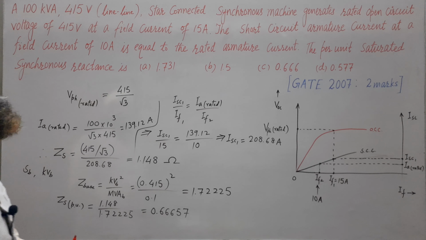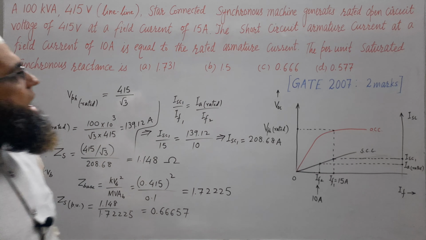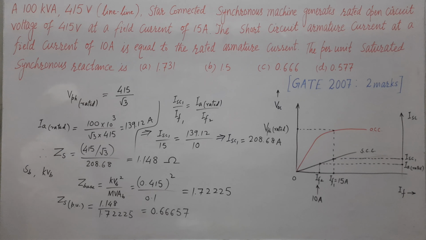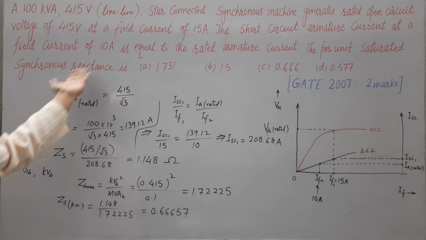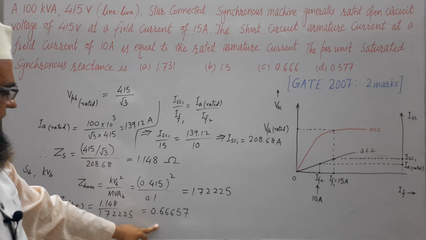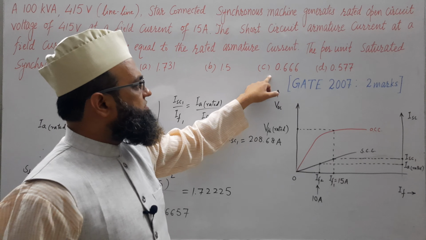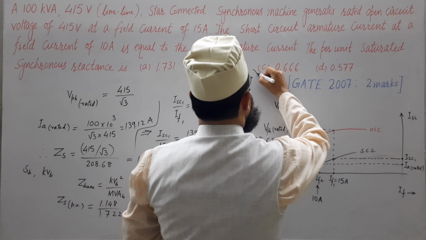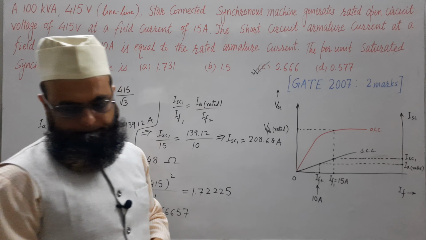As stated earlier, if RA has not been mentioned, then by default it is ignored. So the same will be the value of per unit saturated synchronous reactance. The nearest value out of the 4 options is C. Hence C is the correct answer.